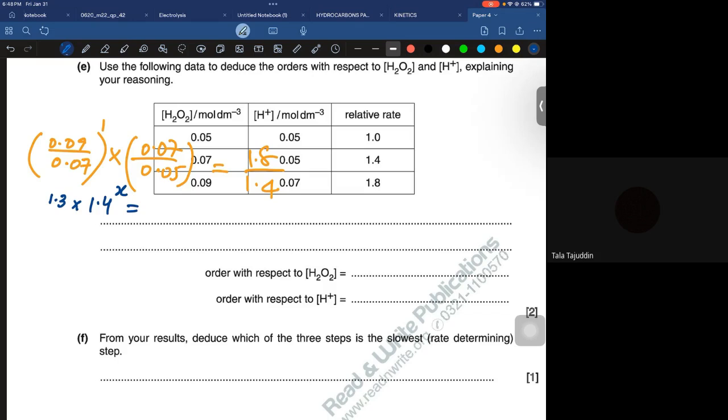Yes, 1.3. 1.8 over 1.4 is 1.3, right? Yes, sir. Okay, so nothing is going to cancel, so this is zero order. With respect to H plus, it's zero order.